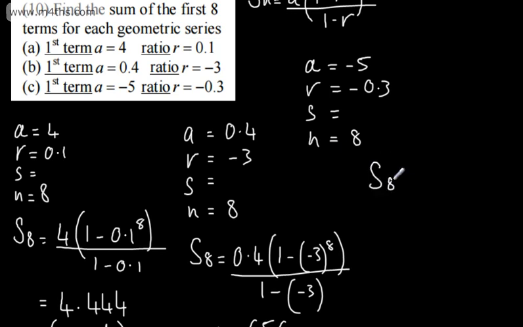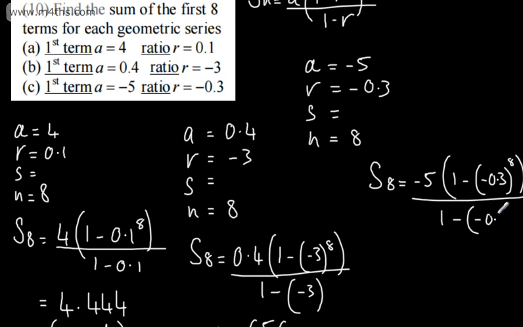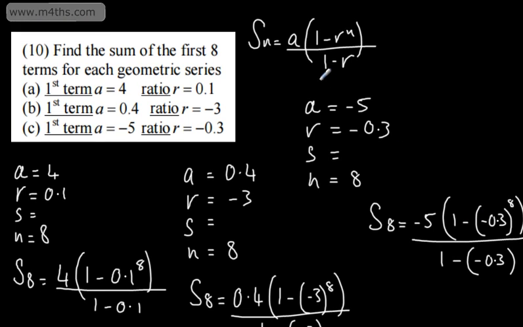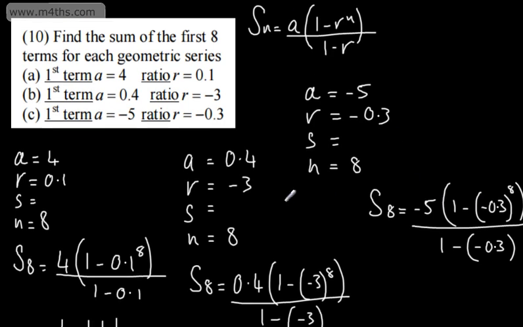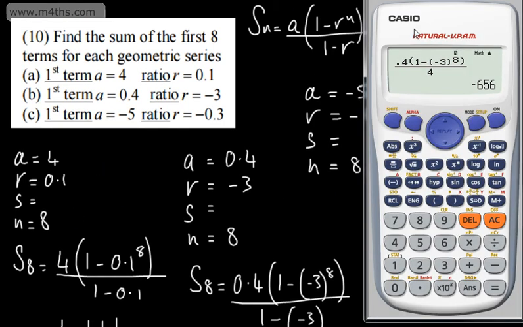So the sum of the first 8 terms is the first term, -5. We'll have 1 minus -0.3, which we need to raise to the 8th power, over 1 minus now -0.3. So again, straight through this formula, put the values in, and then find the answer.